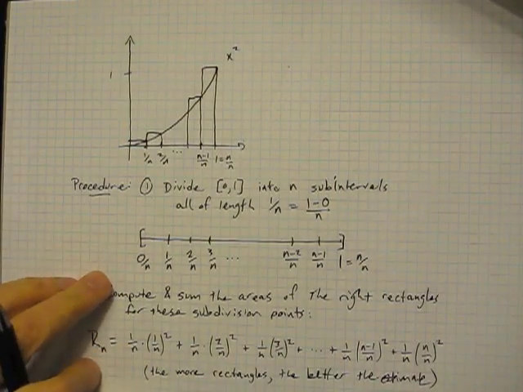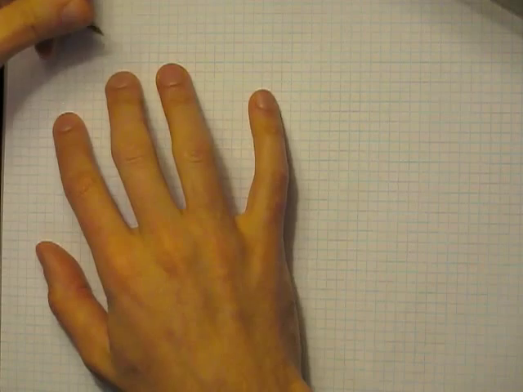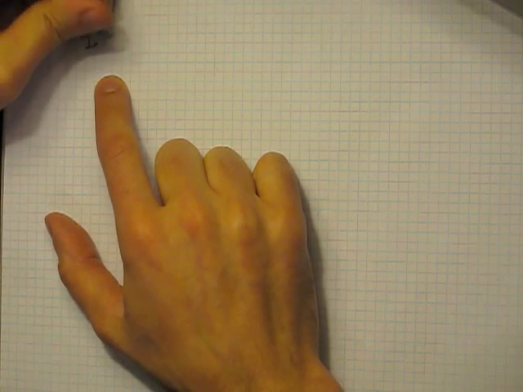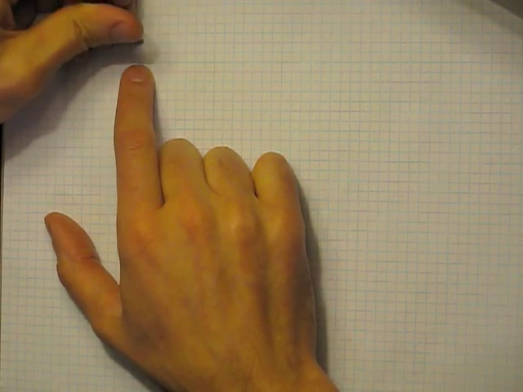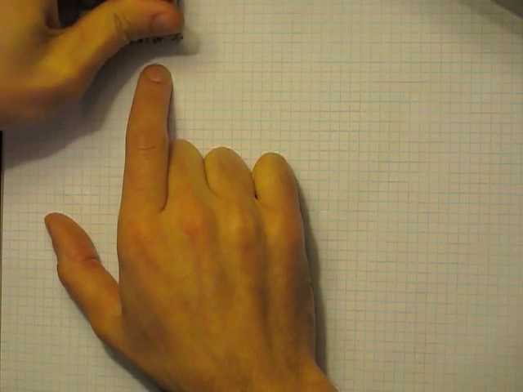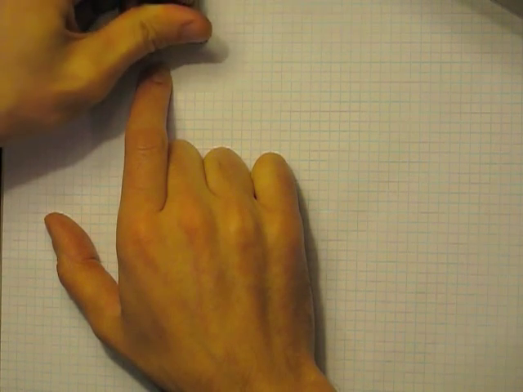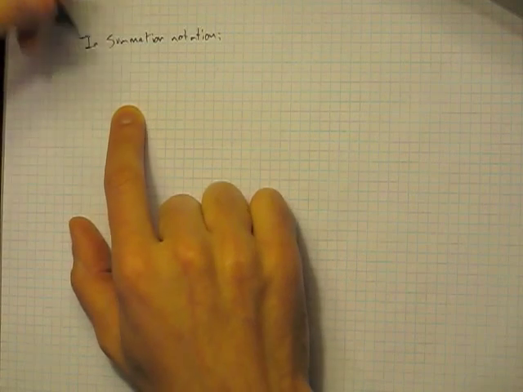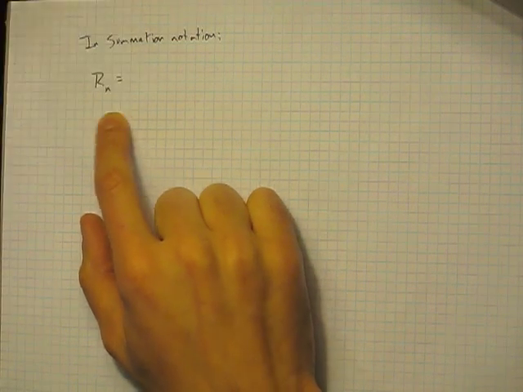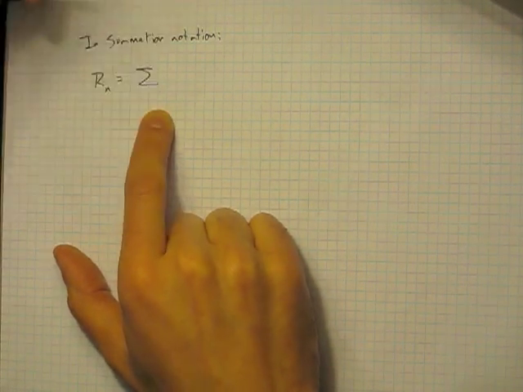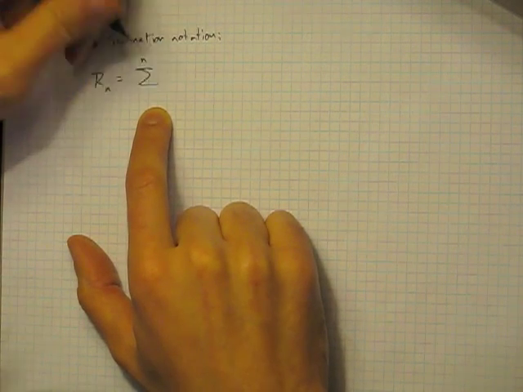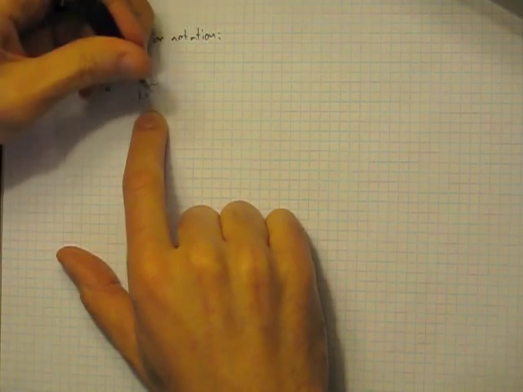Okay. So I need more space here. So in summation notation, this previous formula for Rn looks like this. This time we're counting up to n, so I need a different counter down here.